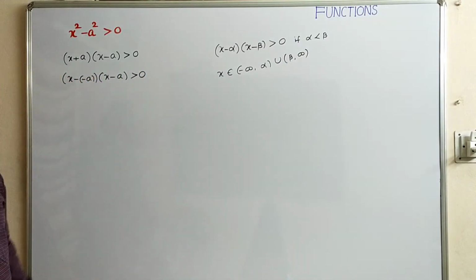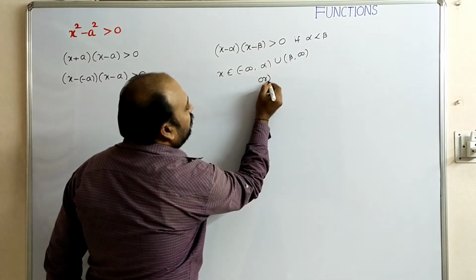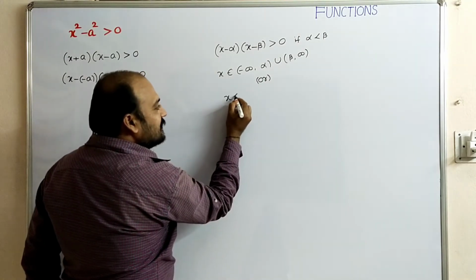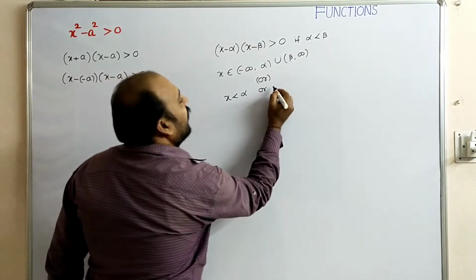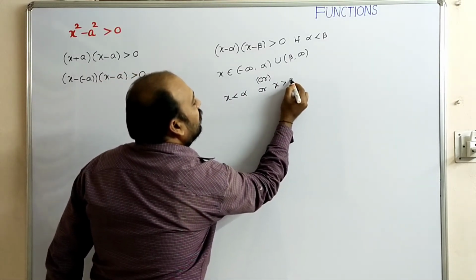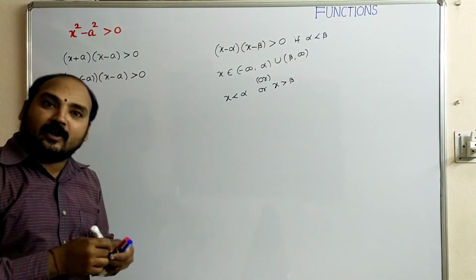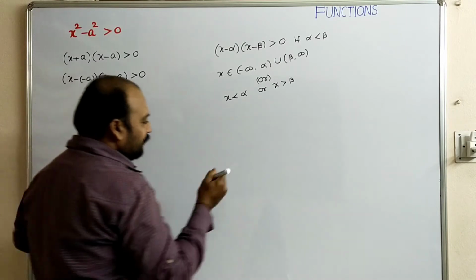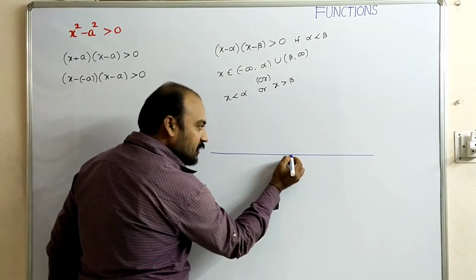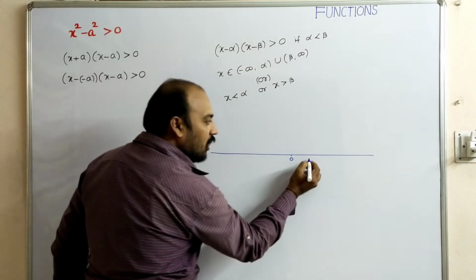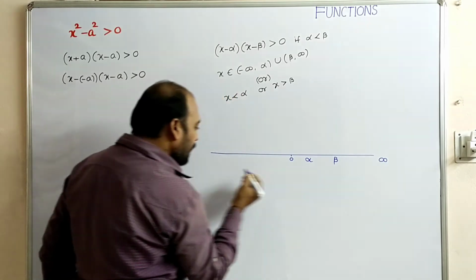This result we can write like this also: x is less than alpha, or, meaning union, x is greater than beta. Even we can represent it in the real number line also. See here, in the real number line, this is the 0, alpha, beta, infinity, minus infinity.